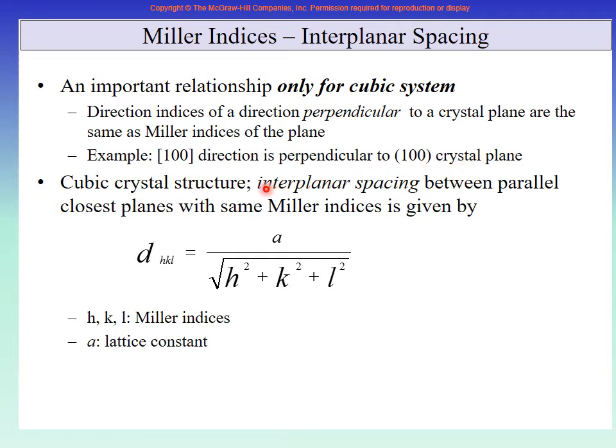Now something totally new, interplanar spacing. You see, we have BCC, but there are millions of crystals. So it is the right face of one crystal. Next crystal is lying close to it.